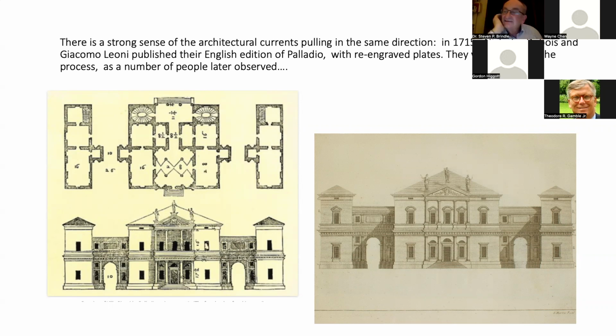And in 1715, an Italian architect called Giacomo Leoni and a French-born surveyor called Nicholas Dubois published a new English edition of Palladio with re-engraved plates. There was a strong sense that taste and interests were pulling in the same direction, with the publication of volume 1 of the Vitruvius Britannicus and of this superb new edition of Palladio.